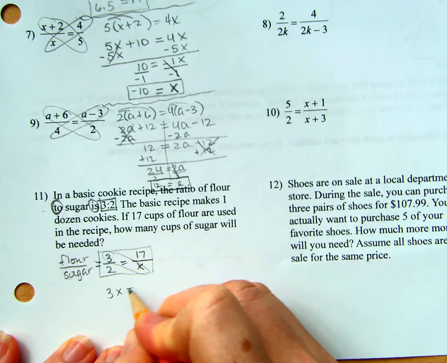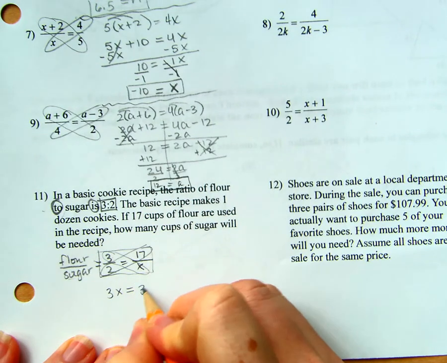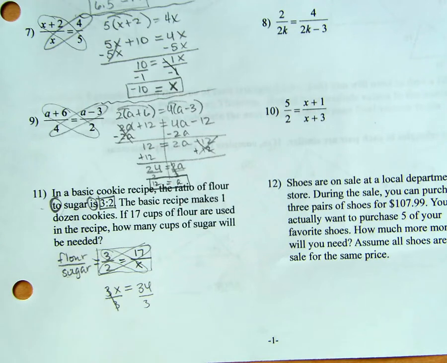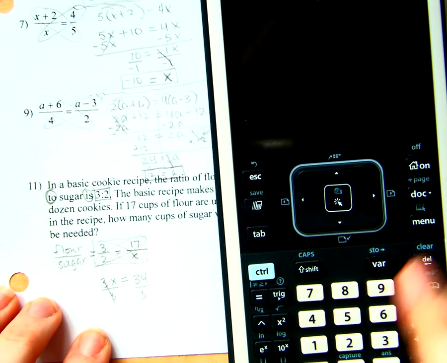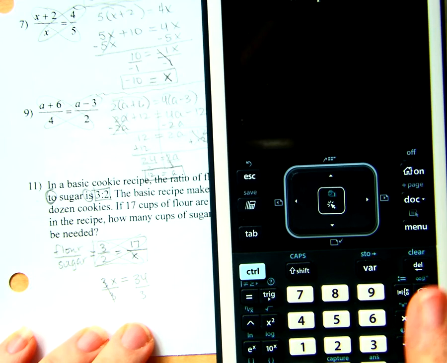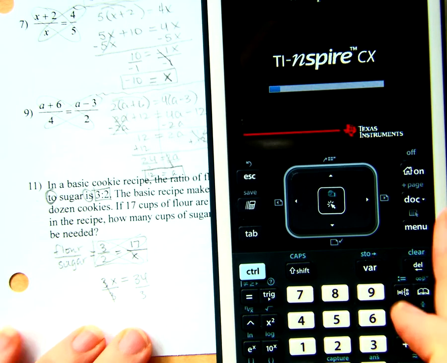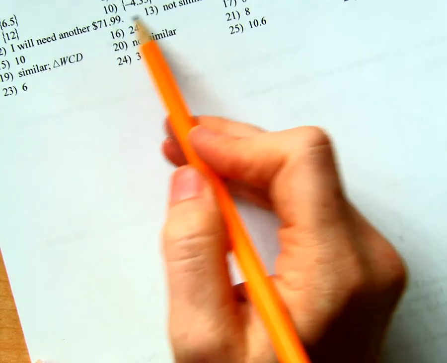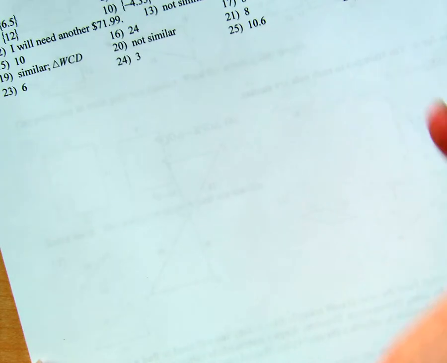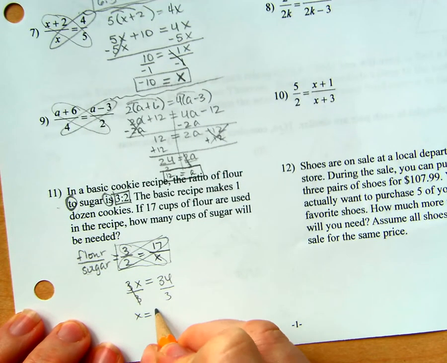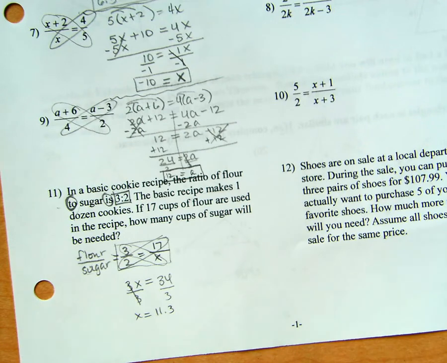So we have 3x is equal to 34. And we divide by 3. 34 divided by 3, and just for time's sake, I'll just hop back here and look. What would that decimal be? 11.3 cups of sugar. So x is going to be 11.3, and remember we always want to answer the prompt.